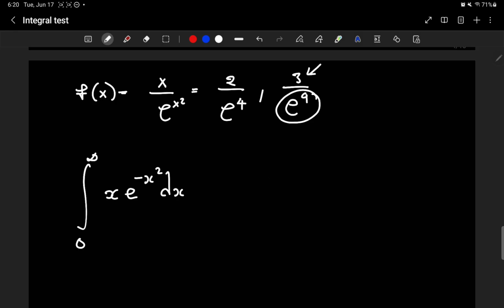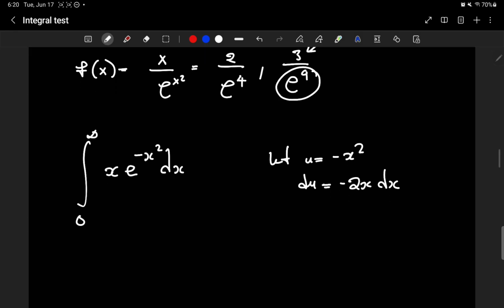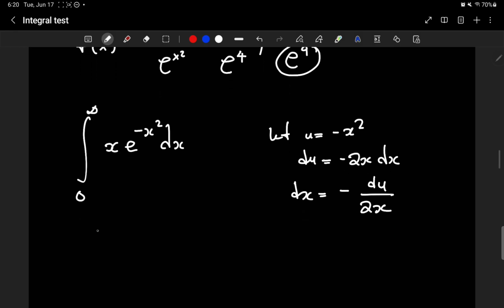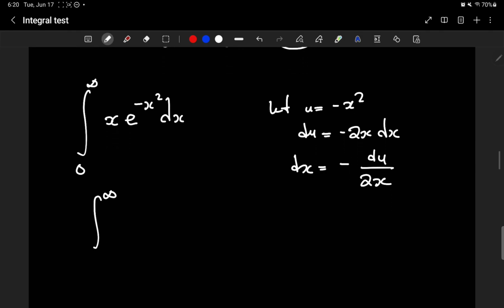To integrate this, we'll let u be equal to negative x squared, then du will be equal to negative 2x dx, and then dx will be equal to negative du over 2x. When we substitute, we now have the integral of x e to the u, where there's dx, we'll put minus du over 2x.